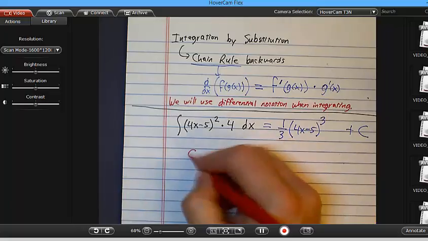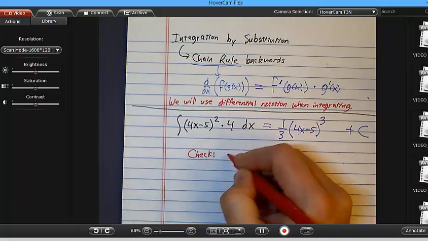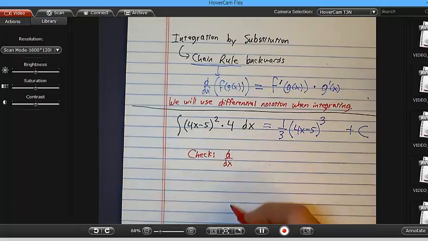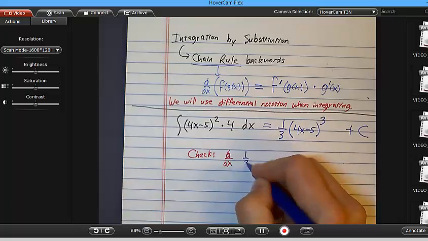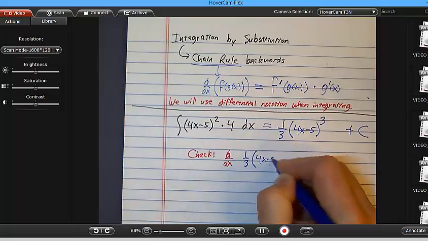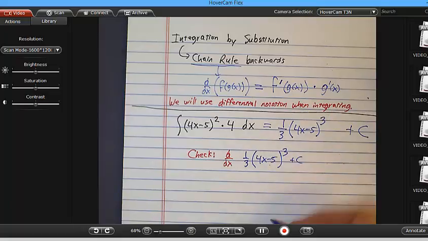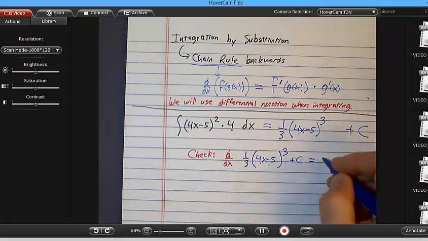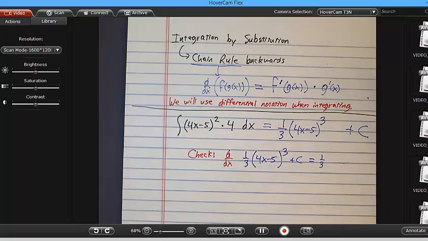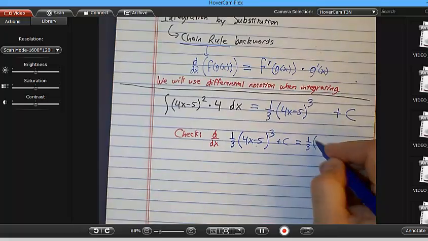Okay. So to check, I will take the derivative of, well, this mess. So the derivative of 1/3 (4x - 5)^3 plus c. I really don't need to write the plus c, right? What do I get? Bing.